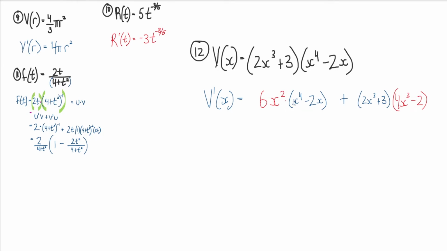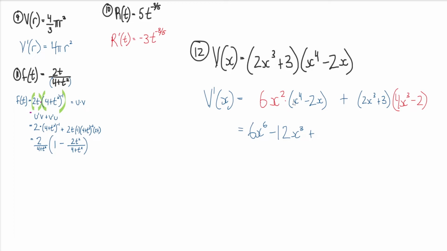So let's just follow through on that. We can say 6x to the 6 minus 12x to the 3 plus, and now this one will have to expand. Can we do anything to simplify? I don't think so, right?